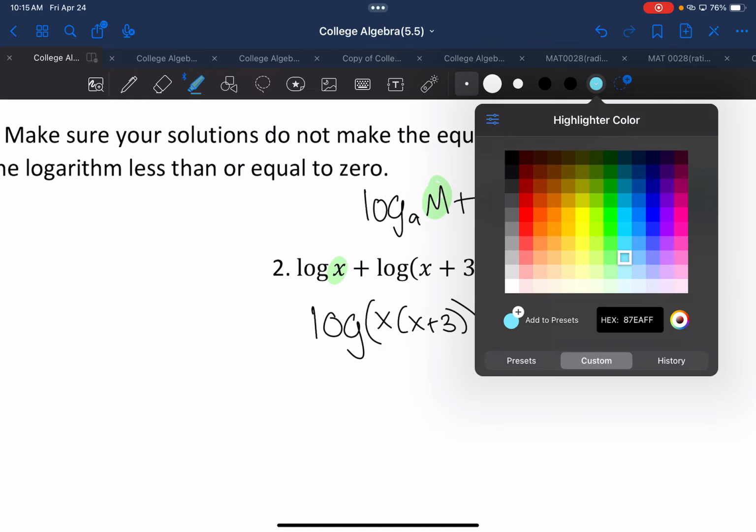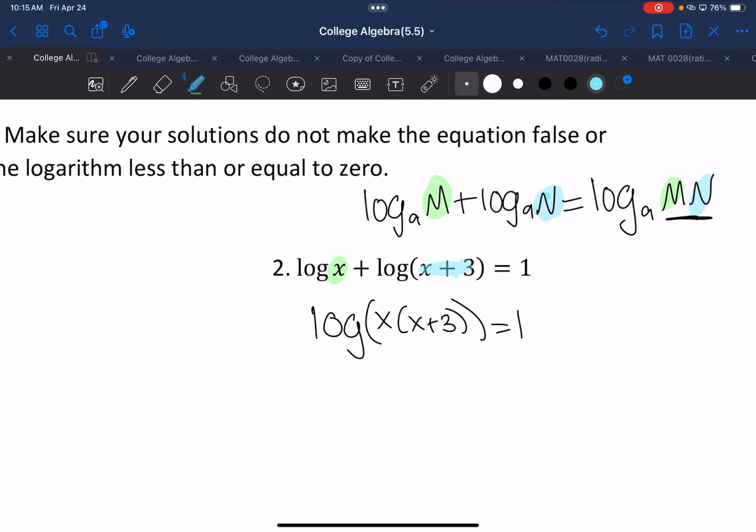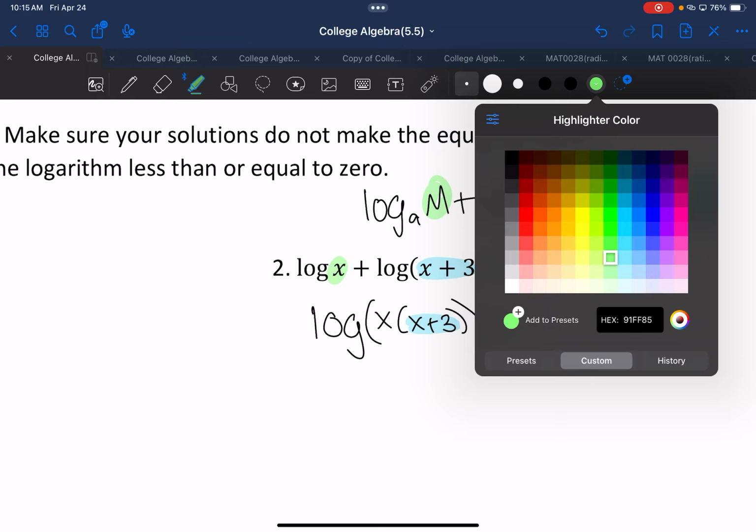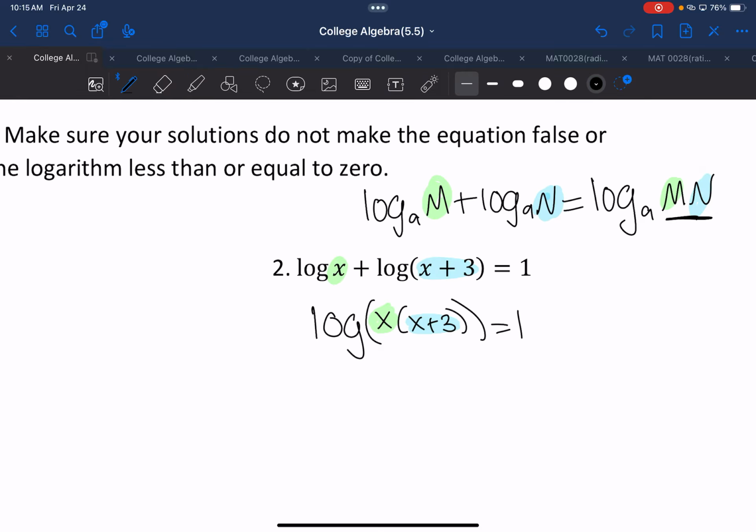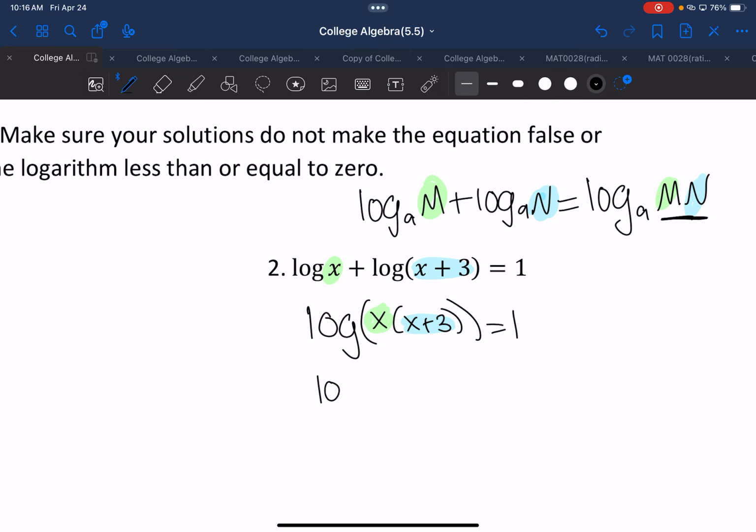So now those two expressions get multiplied by each other, but I have to put the x plus 3 in parentheses because it's two terms. And so then I can distribute that x and get log of x squared plus 3x equals 1.